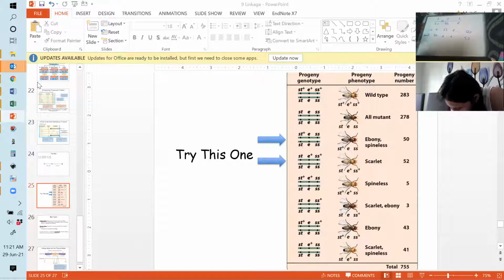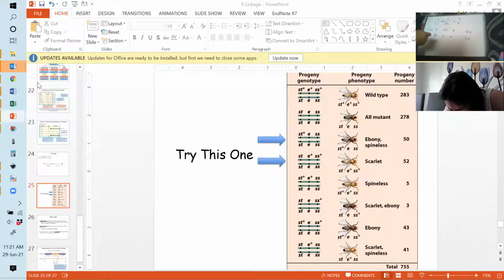So these are the reciprocals for the single crossover. But if you want to work out recombination frequency, you can't just use these, because the recombination frequency also includes double crossovers. So we want these ones too, because we don't care about the crossover between SS and E, but we do care about the crossover between ST and SS in the double crossovers.